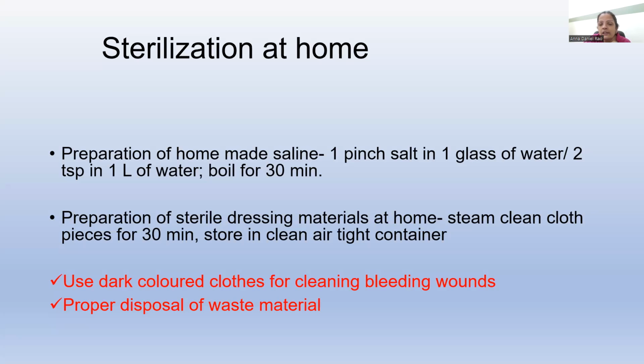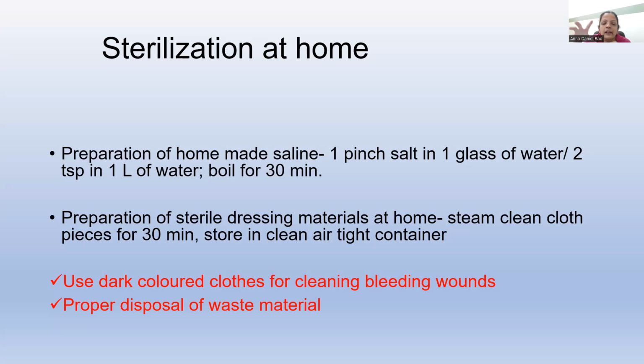For dressing material, steaming. We have to cut as per the dressing area, how much is the dressing area. Depending on that, they can cut either gauze pieces, or if gauze pieces are not available, then they can cut even clean cloth. Right? So all old clothes which are washed thoroughly and sun dried can be used.